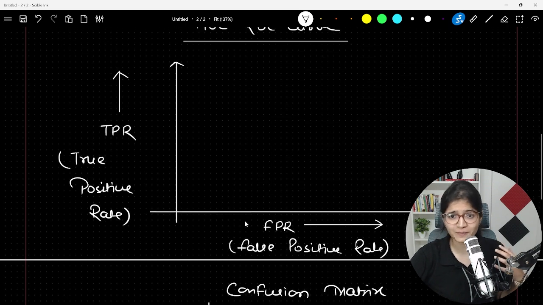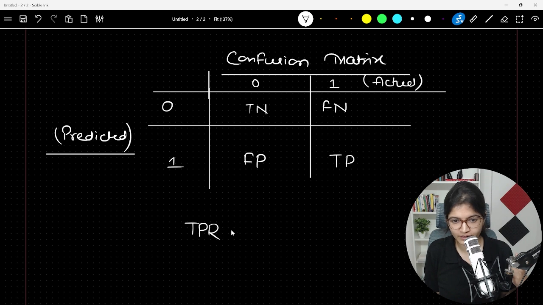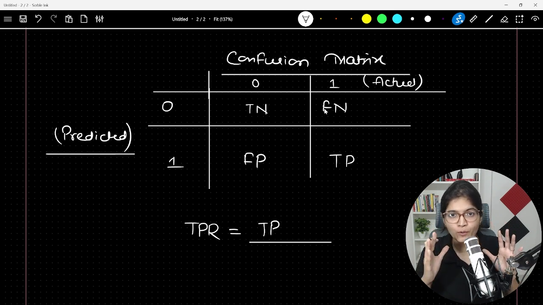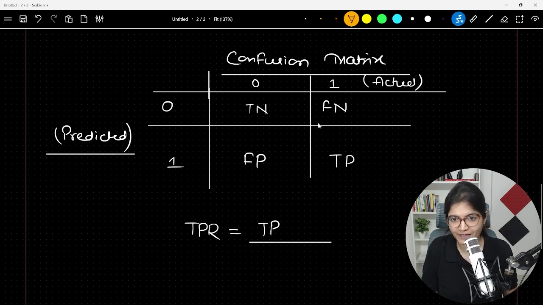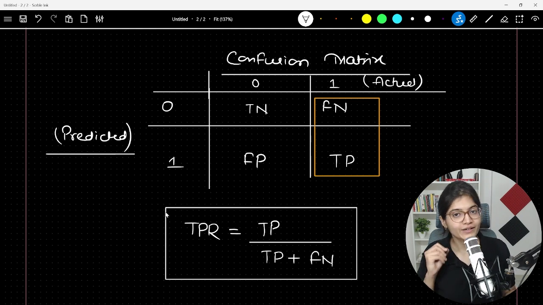Now, in this specific scenario, if I ask you what is the meaning of TPR, true positive rate? True positive rate indicates how many of them are true positive out of total positive values. Again, I'm repeating, out of the total actual positive values that we have, which is the summation of TP plus FN, this is the evaluation of TPR.